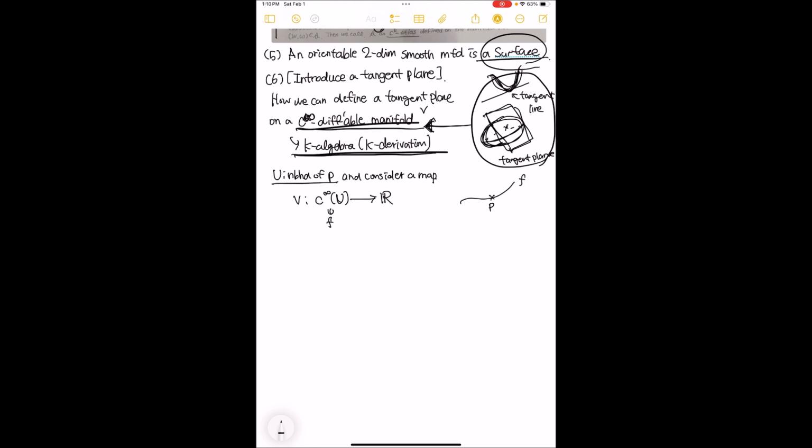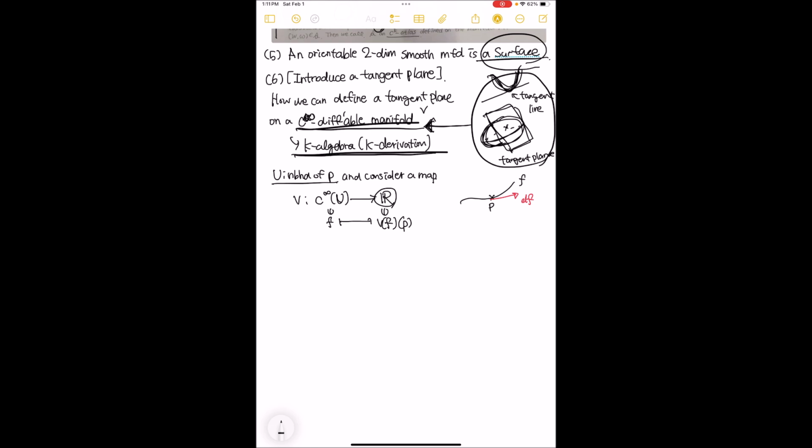There is a function f. As we think about a tangent line or tangent plane, we can think about df, like this, we can think about Vf. But the domain is the real numbers.